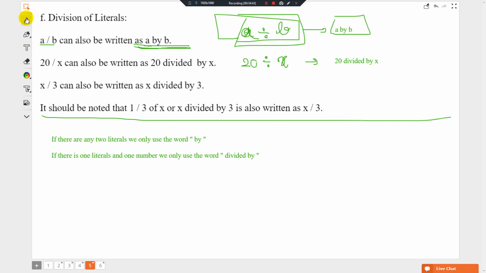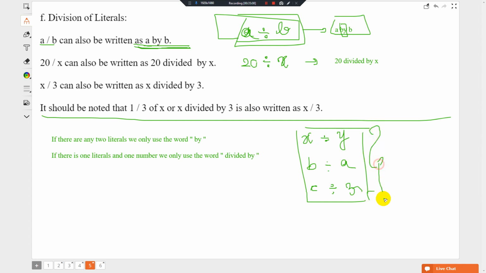The important point: two literals like X divided by Y, B divided by A, C divided by Z, in that case we use by. If there are any two literals, we only use the word by between them.